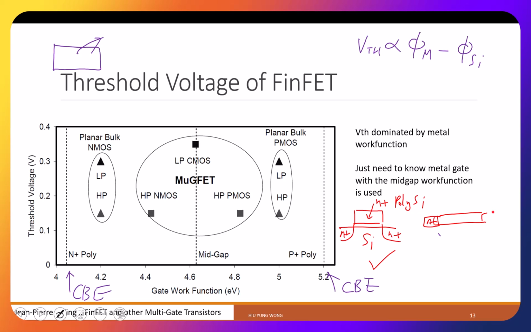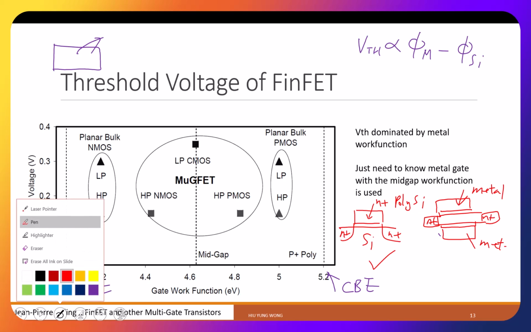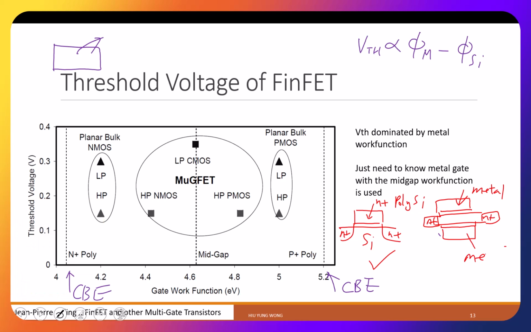Then you have two oxides, and this is metal, this is metal, maybe titanium nitride. I don't know what they have here. Then this is a good transistor. If you try to apply N plus polysilicon to it, then your threshold voltage will be too low. Apply P+, then you will be too high. You need to have something in this region.